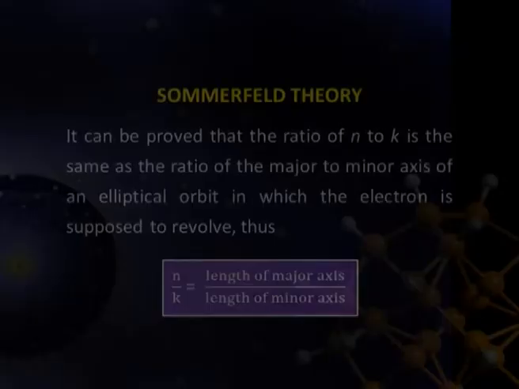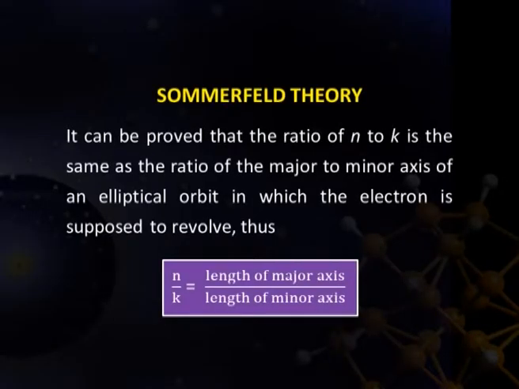It can be proved that the ratio of n to k is the same as the ratio of the major to minor axis of an elliptical orbit in which the electron is supposed to revolve. Thus, n upon k is equal to length of major axis upon length of minor axis.